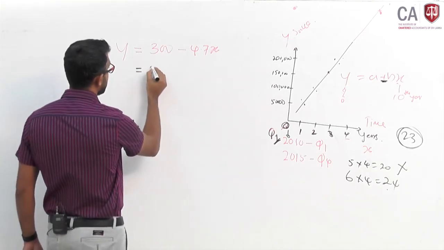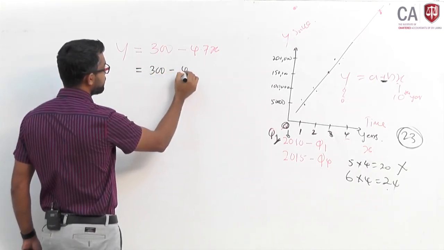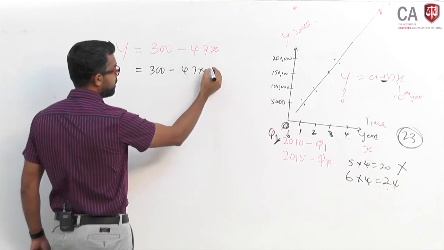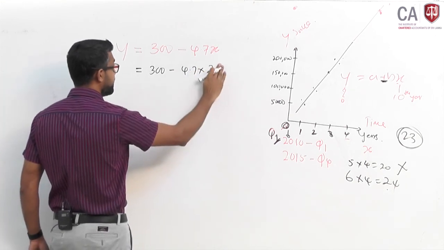Be careful. So it is 300 minus 4.7 into 23.